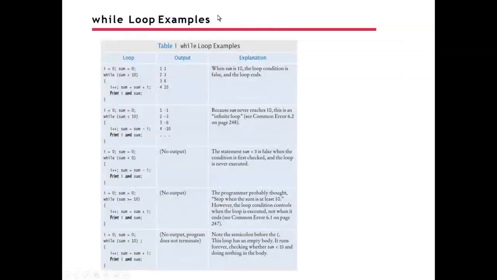So here's some examples. This is a simple counting loop, basically, that sums up the numbers as you go. This is an example of an infinite loop, because sum is going the wrong way. This does nothing, because we're starting it off with the condition already violated.